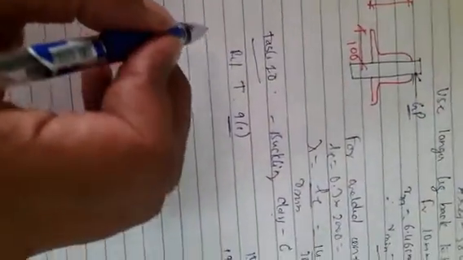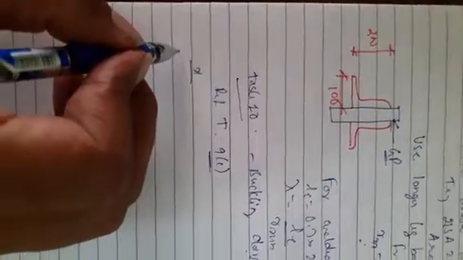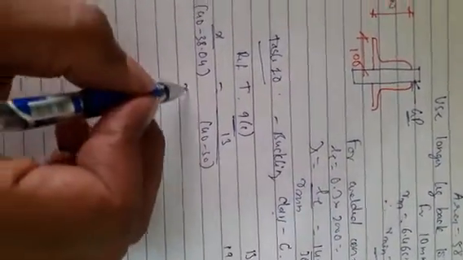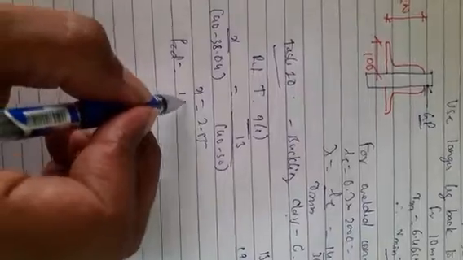So X you get 2.55. FCD is equal to 198 plus 2.55. I get 200.55 MPa.